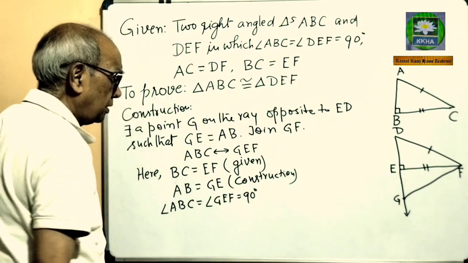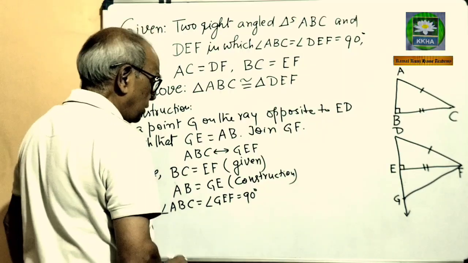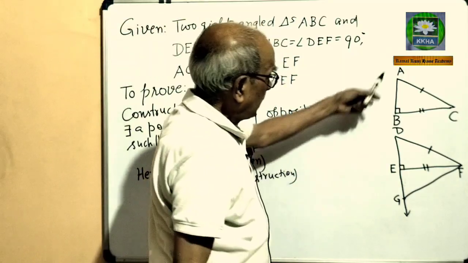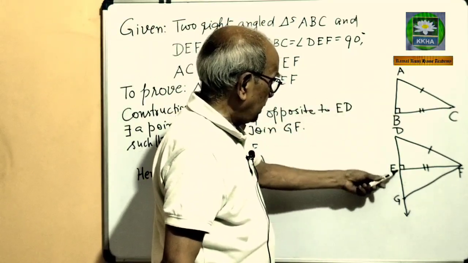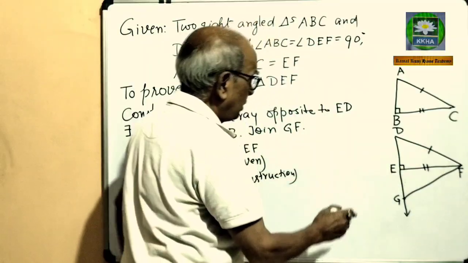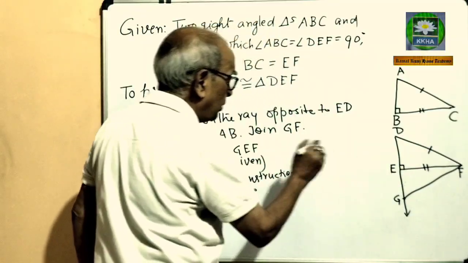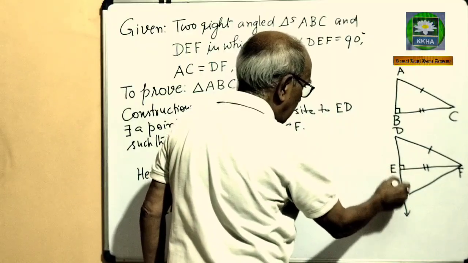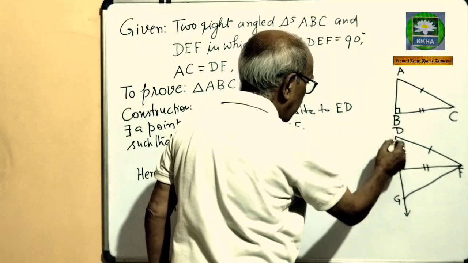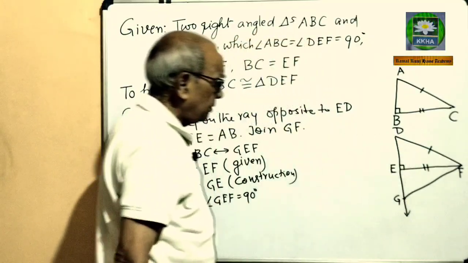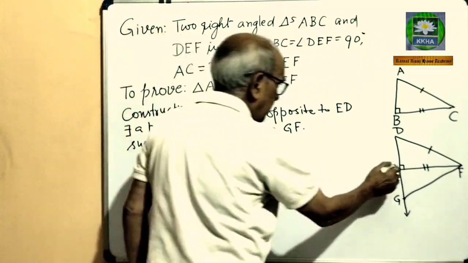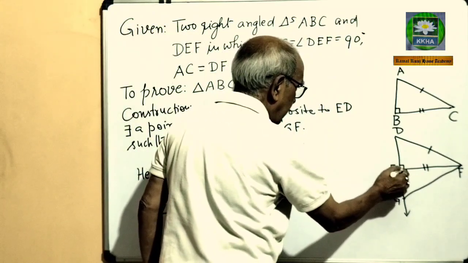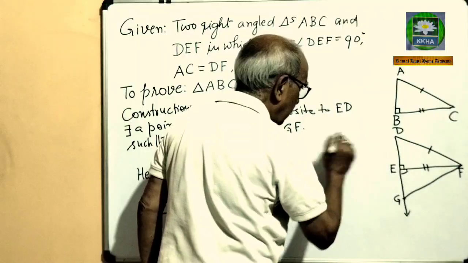Both are equal. Why? Because angle GEF and DEF form a linear pair. If this angle is 90 degrees, this will also be 90 degrees.